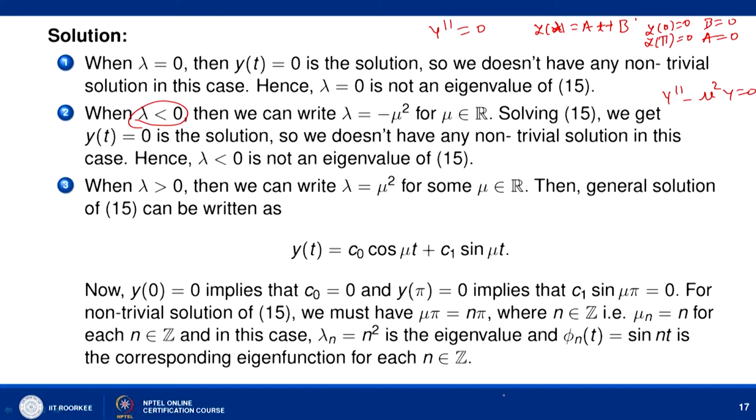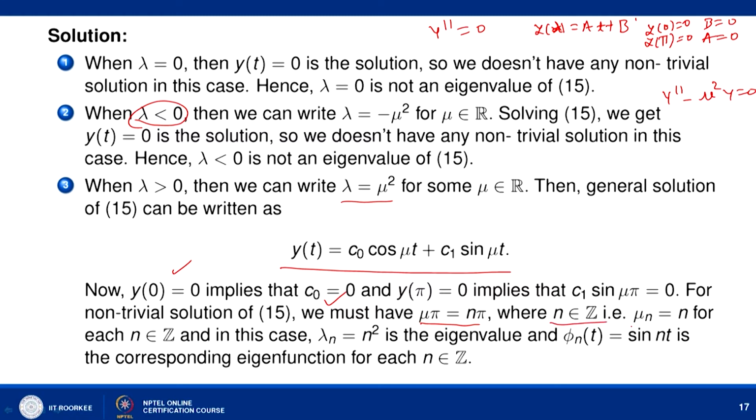So here we can say that when lambda is greater than 0, then we can write lambda equal to mu square as we have pointed out, and the solution is given as y(t) equal to c naught cos of mu t plus c1 sin of mu t, and when you use y(0) equal to 0, we know that c naught equal to 0, and y(pi) equal to 0 implies that c1 sin mu pi equal to 0, and we have a non-trivial solution only when mu pi is equal to n pi, where n is any integer value.